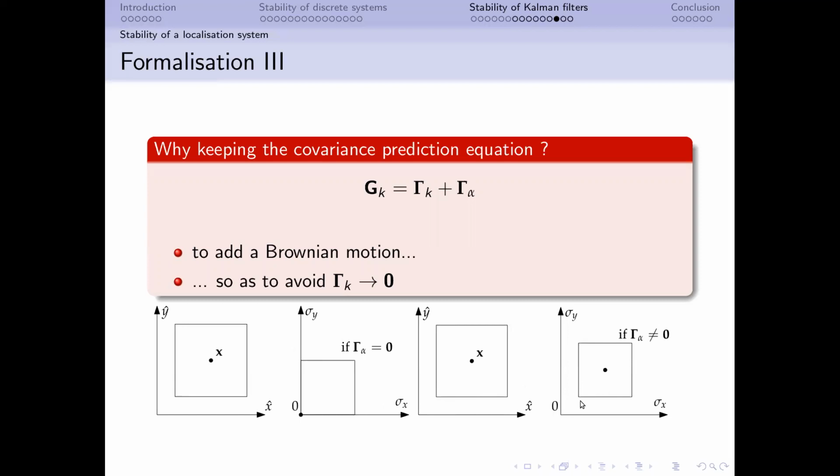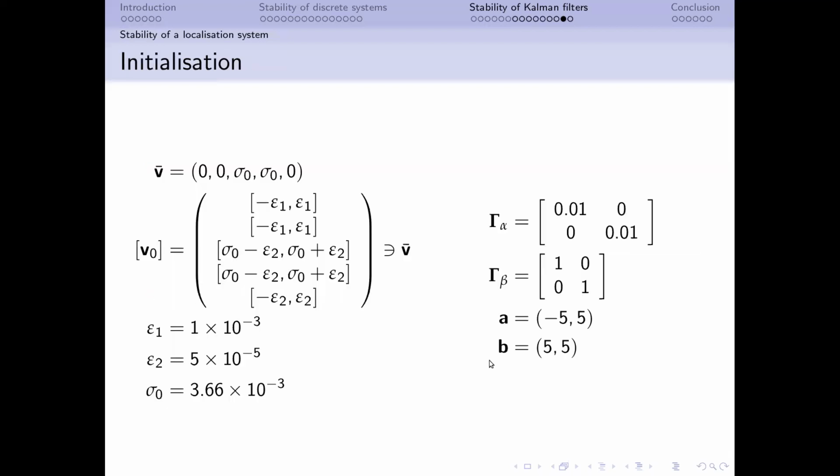We are, say, 75 and 25% sure. So this allows the initial box for the estimated position to contract. Right. So then what we have to do is to initialize our system.